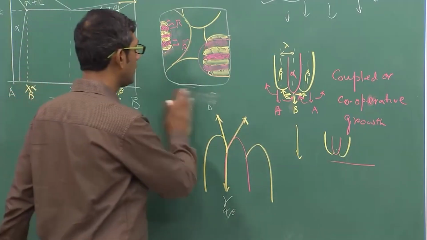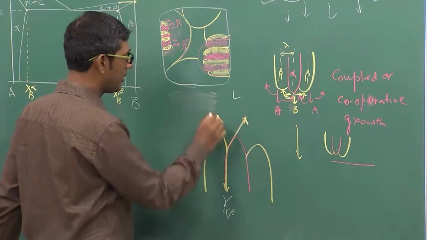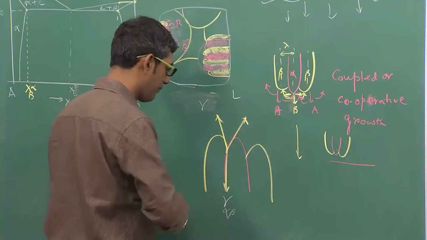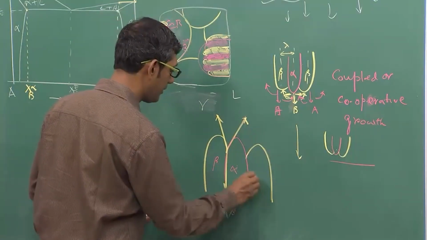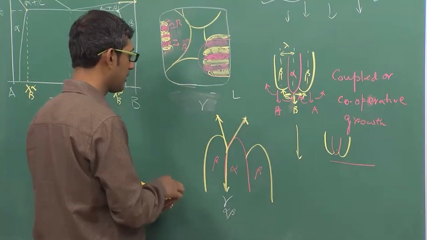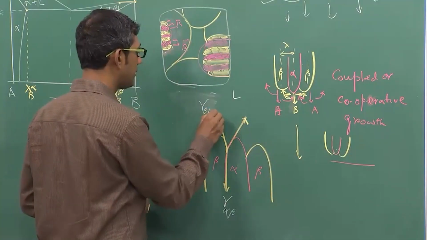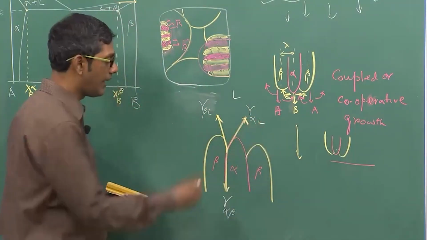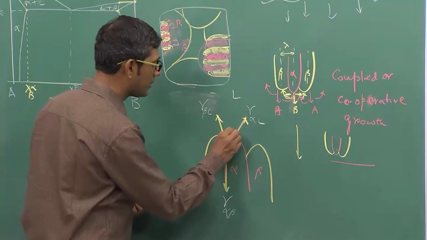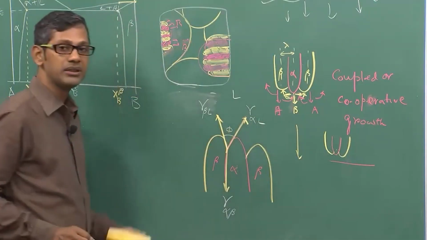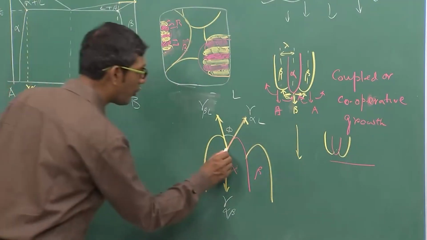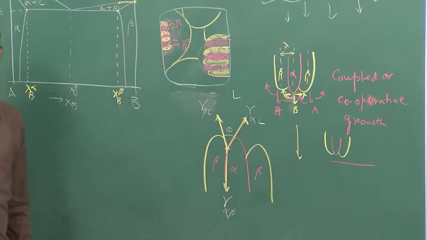Remember, we have liquid in front. This is your alpha, the central one, these two are beta. So this is the interfacial energy of beta liquid, this is the interfacial energy of alpha liquid. And this angle is subtended by these two, so at this point these three interfacial energies must be balanced.